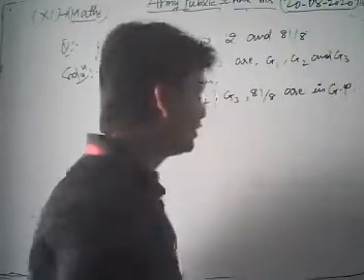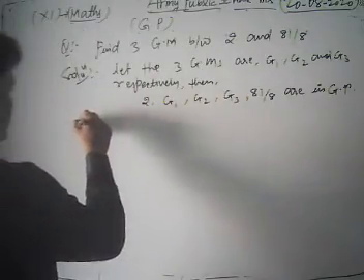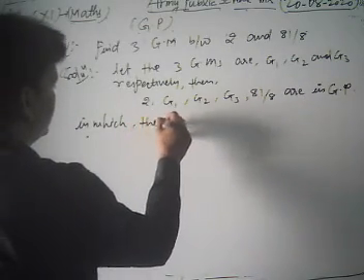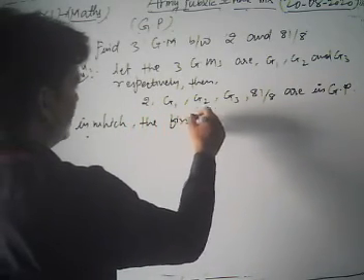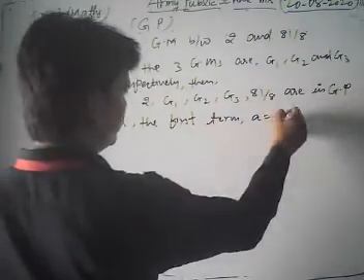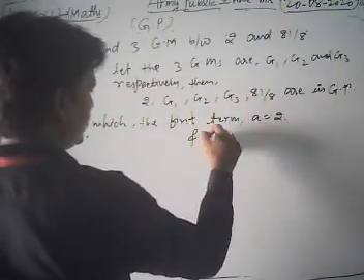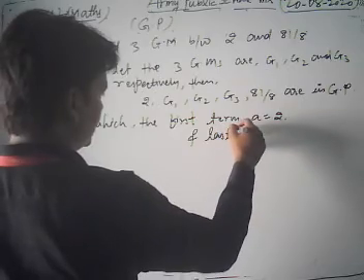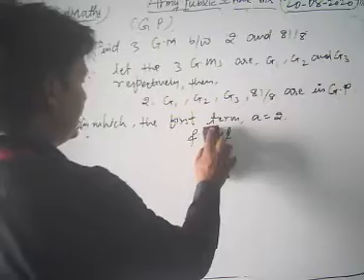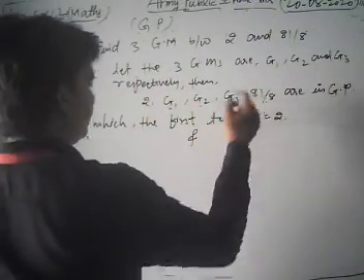In which the first term A is equal to 2, and the last term, being fixed, is the fifth term, counting 1, 2, 3, 4, 5.